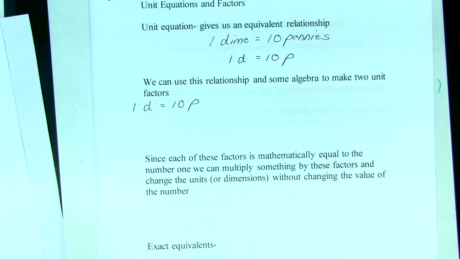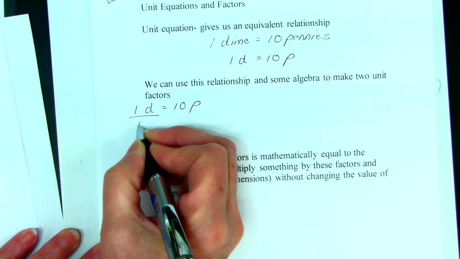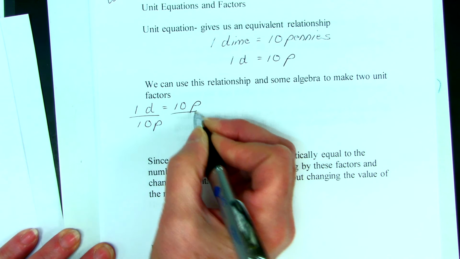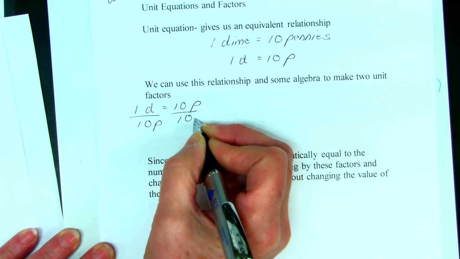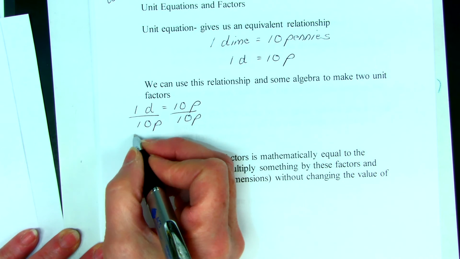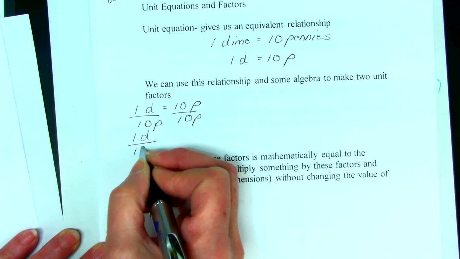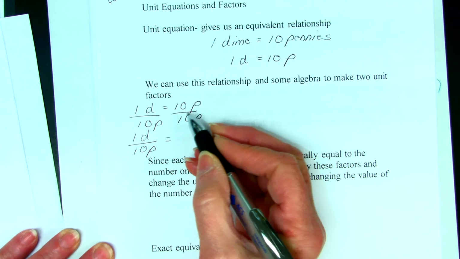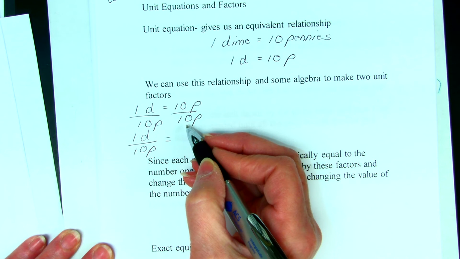Now, the rules of mathematics and algebra say that whenever you feel like it, you can divide an equation by whatever you want as long as you divide both sides by the same thing. So I am going to randomly, just because I feel like it, divide both sides by 10 pennies. So 1 dime divided by 10 pennies, or 10 pennies divided by 10 pennies. Now when we look at this, we have 1 dime divided by 10 pennies is equal to, well, what's 10 divided by 10? 1.